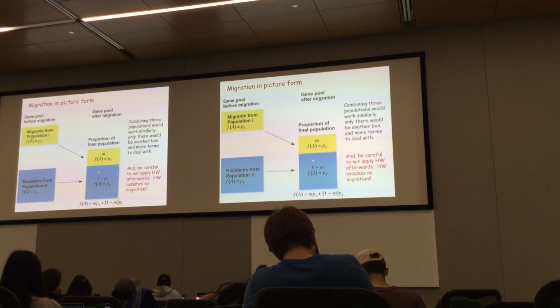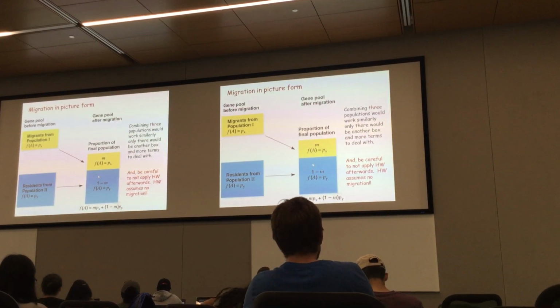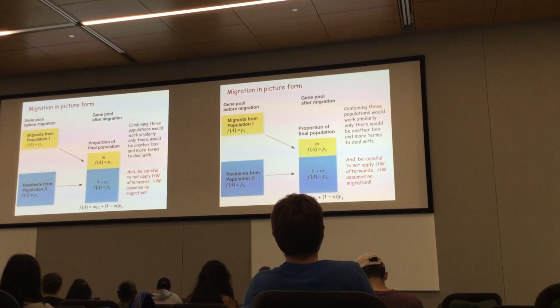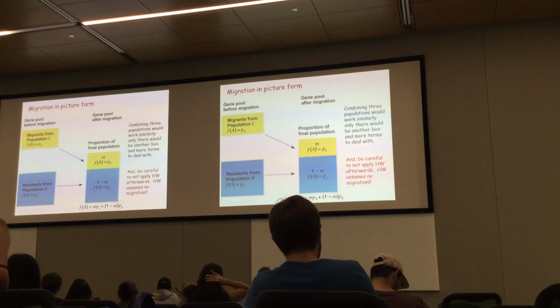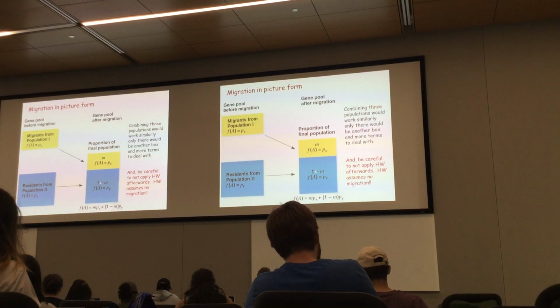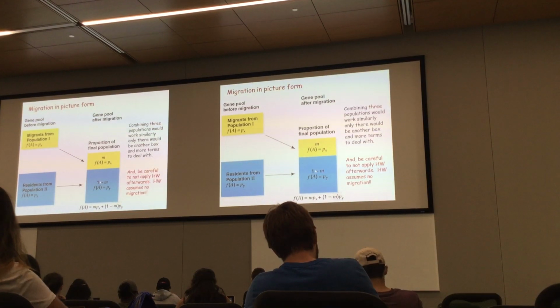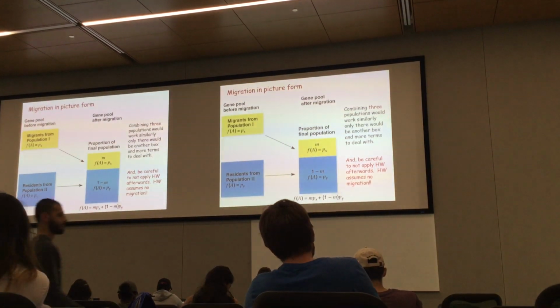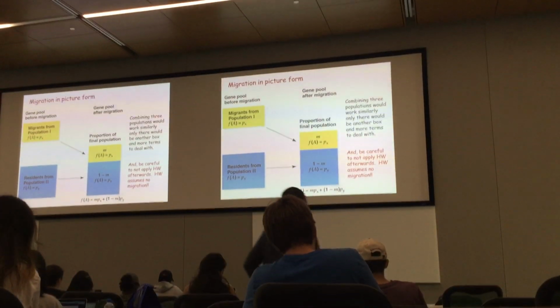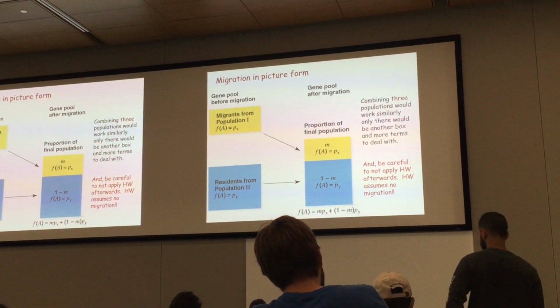And in that new population, you have to calculate, let's say, the new allele frequency, which is going to be dependent on the proportion of individuals in the yellow box and in the blue box. And variants of this problem would be, what if there's 3 populations or 4 populations, or one migration event, then another, or something like that.